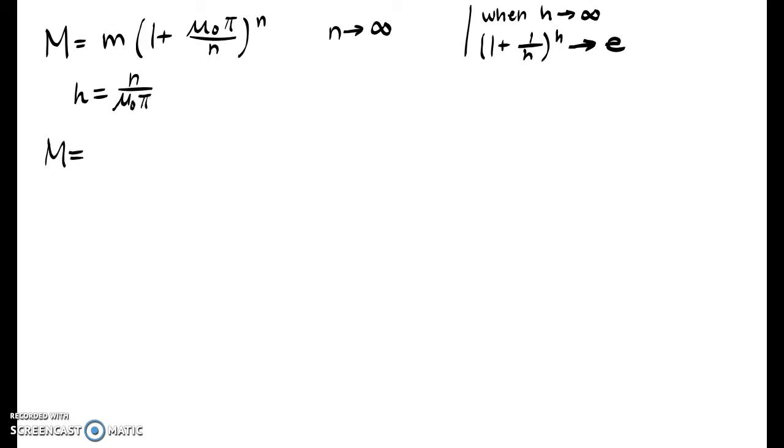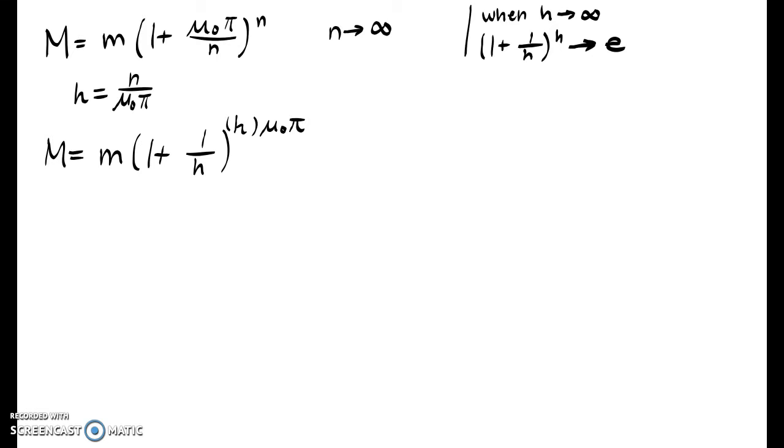Then we can say M is equal to small m times (1 + 1/h) to the h times μ0π power. So when we have h times μ0π, the μ0π cancels out with the μ0π in the h's denominator, so we find that equals n. And when we have 1 over h, then we have 1 over n over μ0π. So we can simplify that to μ0π over n, which also works out.